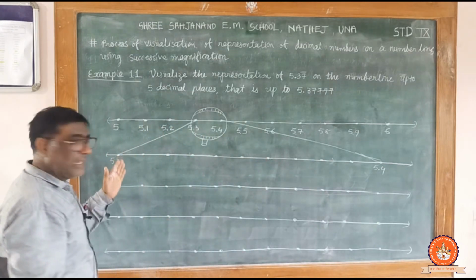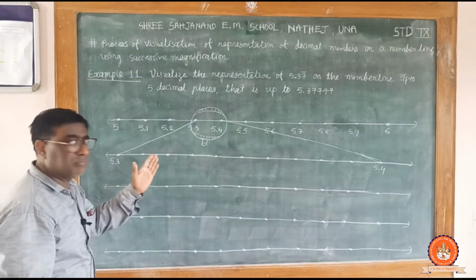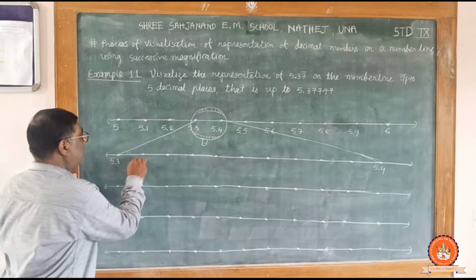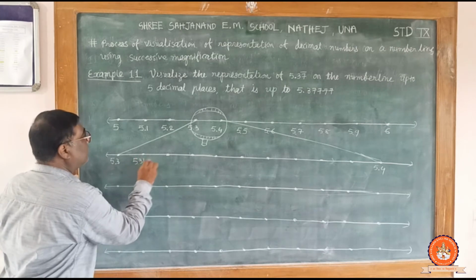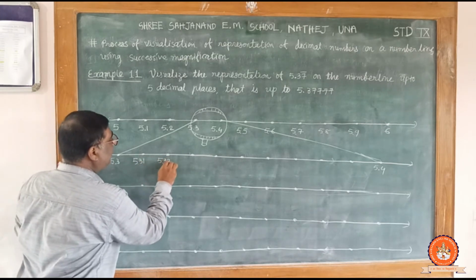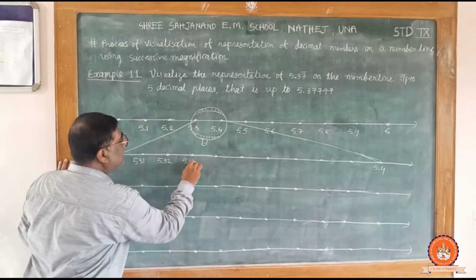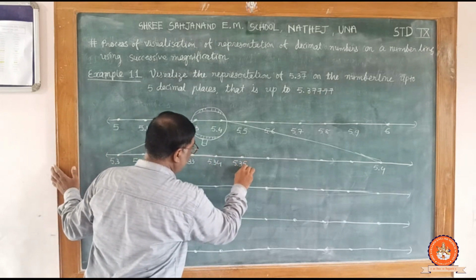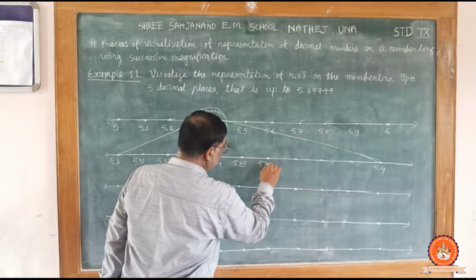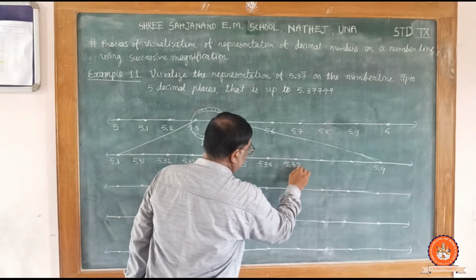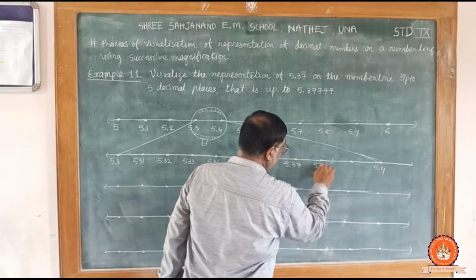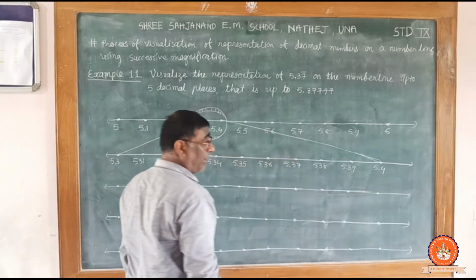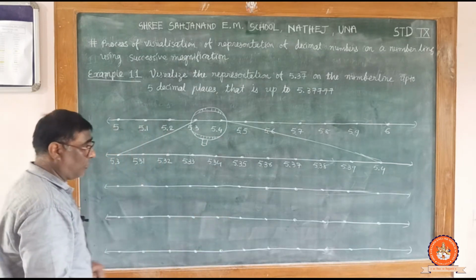Now start labeling each number next to 5.3 containing 2 digits: 5.31, 5.32, 5.33, 5.34, 5.35, 5.36, 5.37, 5.38, 5.39, and this is 5.4, means 5.40.